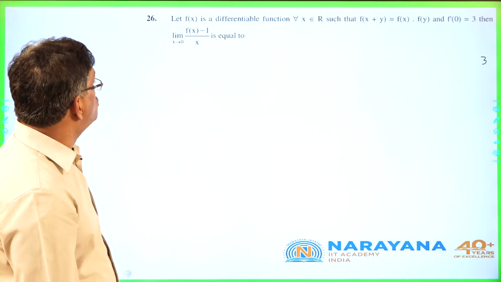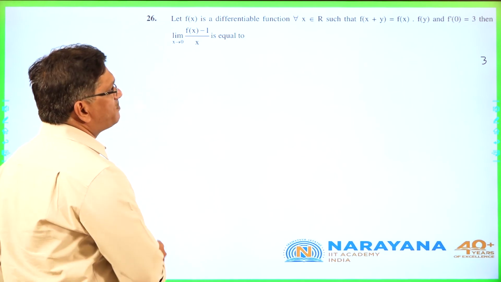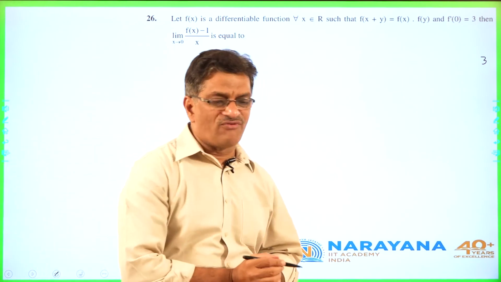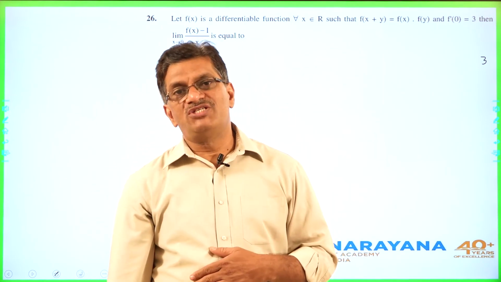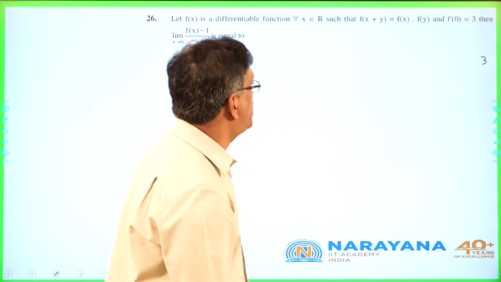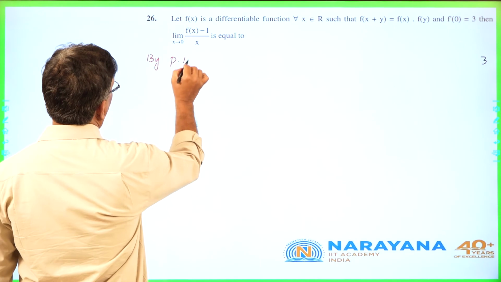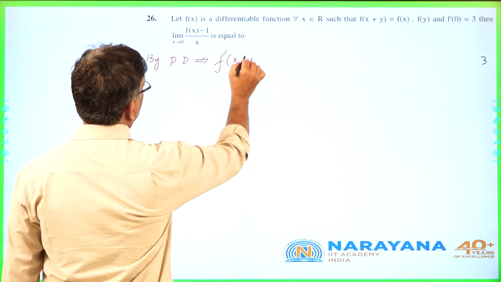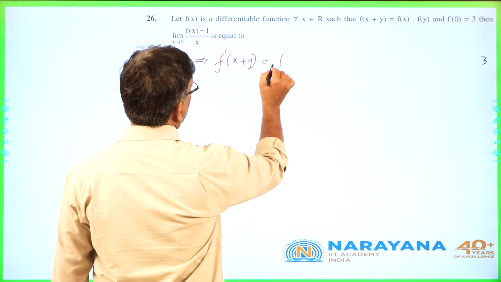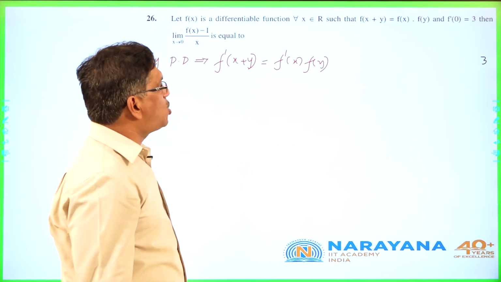Let us go to the next question. f of x is a differentiable function such that f of x plus y equals f of x into f of y. Whenever f dash 0 information is given, you can go for partial differentiation. By partial differentiation, f dash of x plus y is equal to f dash of x into f of y. Keep y constant.